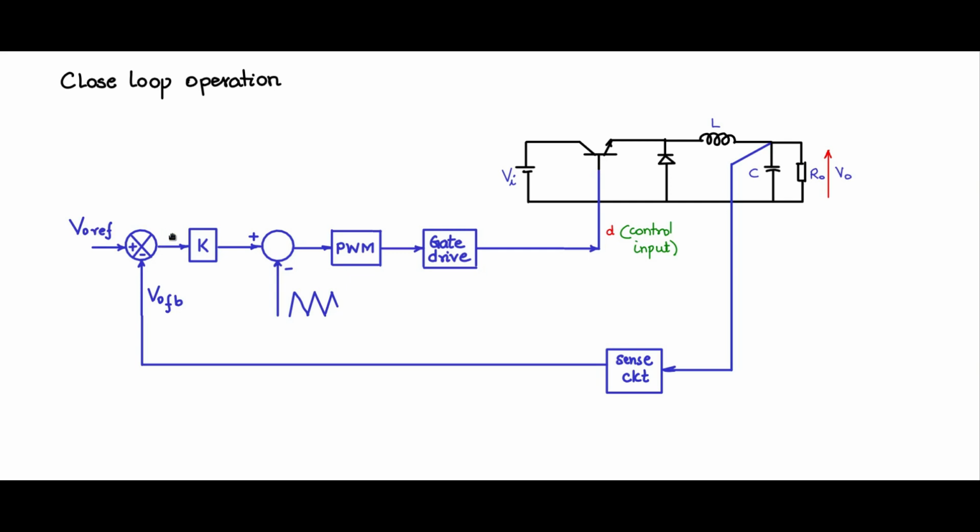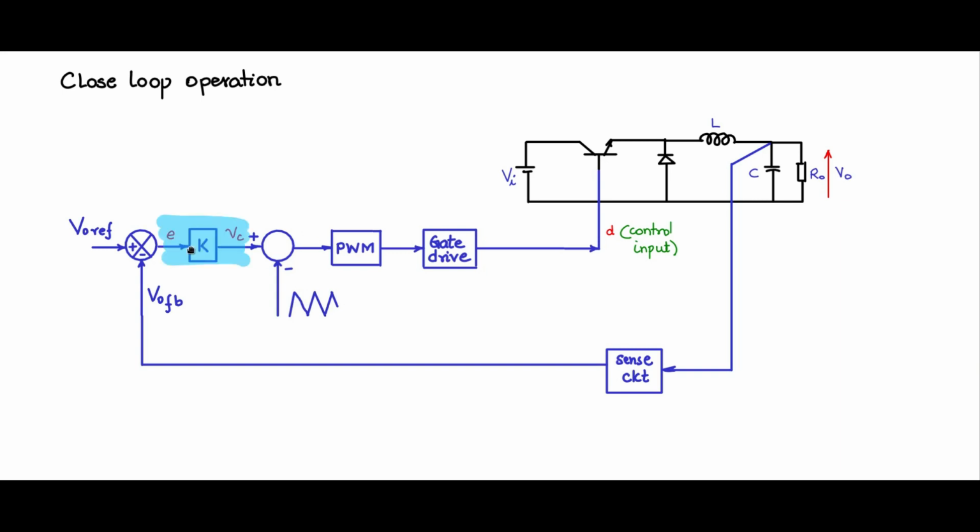So let me introduce some variables. This is error E, and the output of the controller we will call the control voltage VC. This control voltage in fact will be compared with the triangular carrier to generate the pulse width modulated waveform.